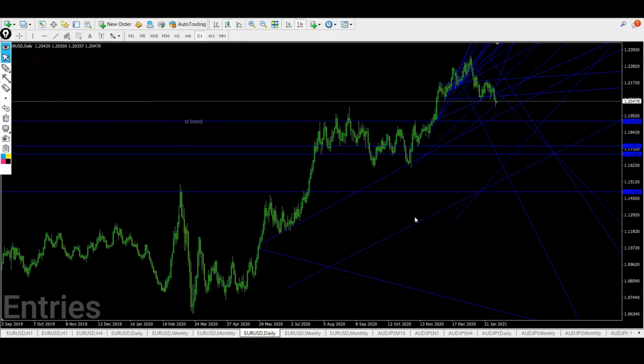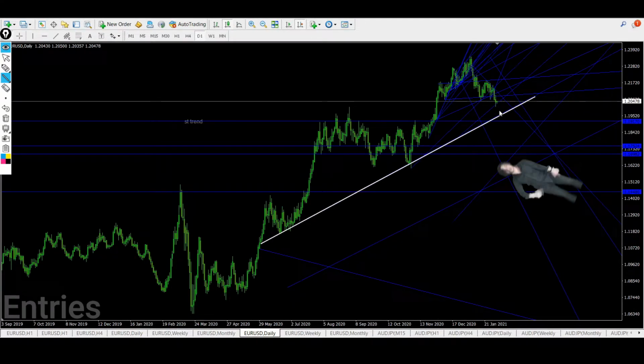Okay, so this is a daily chart. Now we were talking about this trend line right here, from this pivot to this pivot. We want price to pull back to this trend line for a possible entry long right up to this pivot high right here. Now, a couple things are playing out here. If you remember, last week I was talking about this HNS being fake.